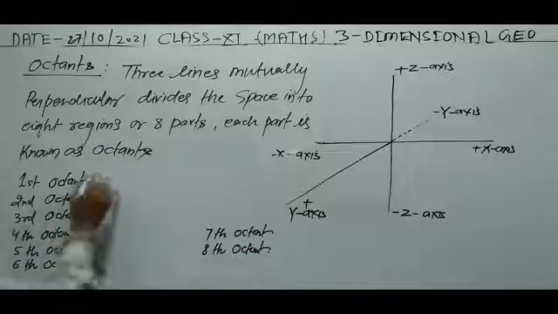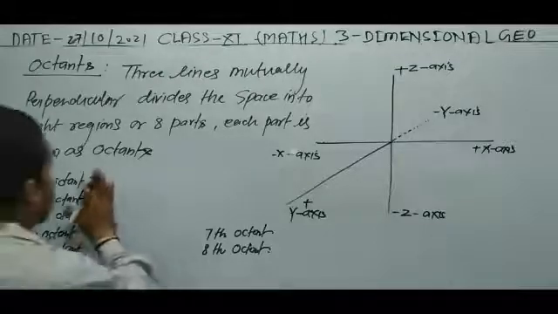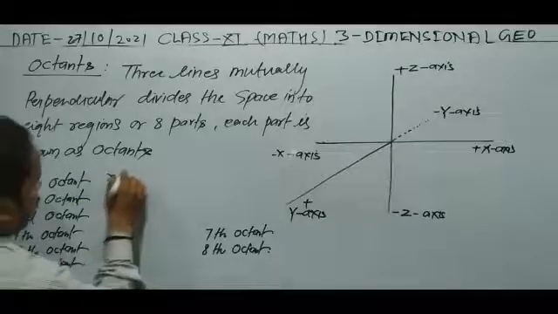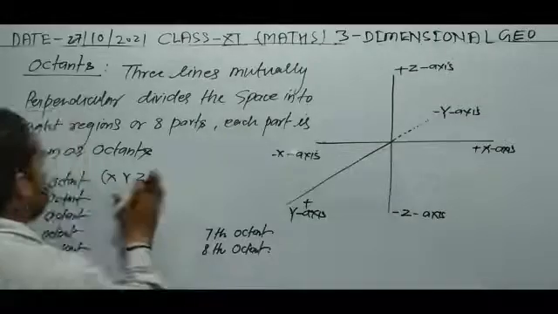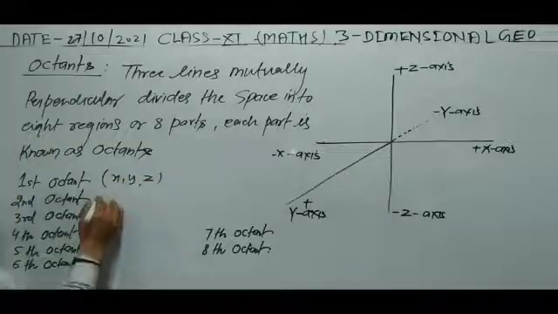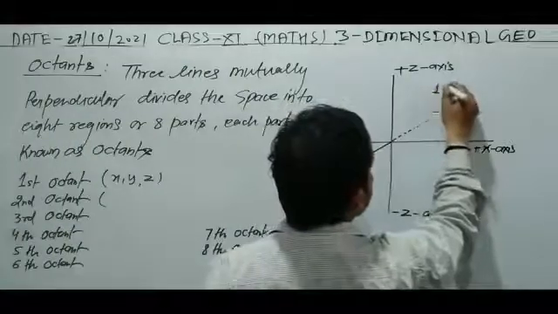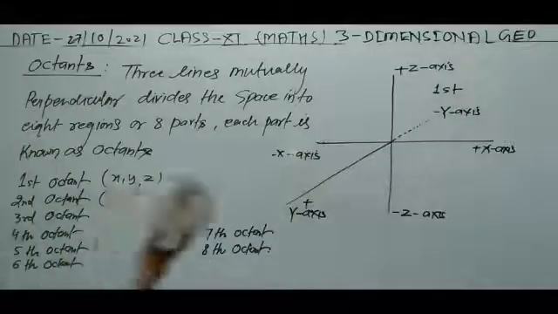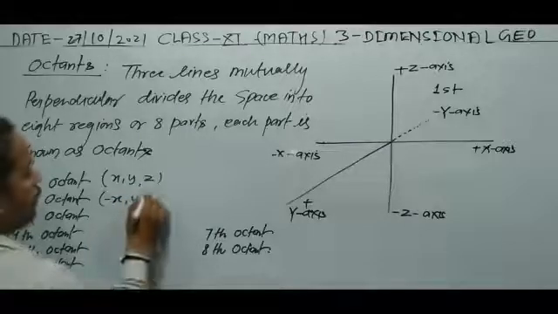Now in the first octant, x, y, z are all positive, meaning x comma y comma z. Now in the second octant, first left, x is negative, y positive, and z positive.